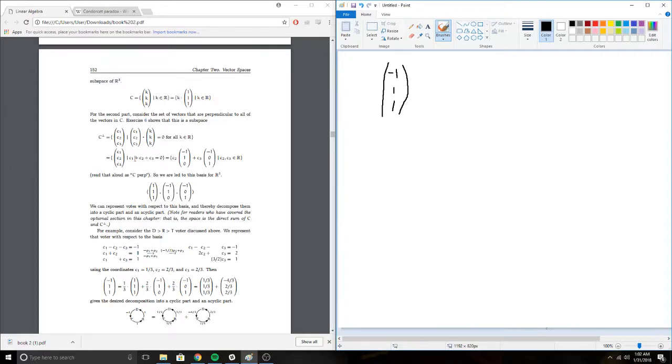And we get this because of the relationship C1 plus C2 plus C3 equals 0. But since the negative 1 is multiplied by the C2 here, we replace that with the negative sign, and same with the negative sign here with negative C3. And it equals negative 1 because that's the vector we're aiming for.